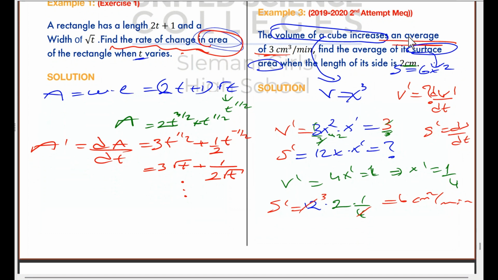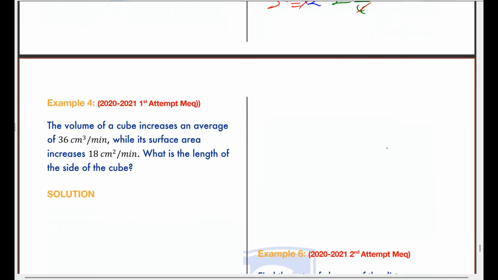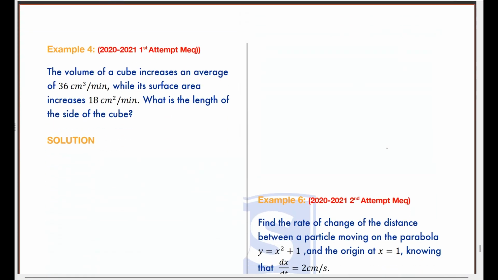We have many such questions. Another similar question. The volume of a cube increases at an average of, so it's still talking about the volume of a cube. Volume of a cube is x cubed, and we need volume prime, which is 3x squared x prime, that's given as 36, while its surface area increases.